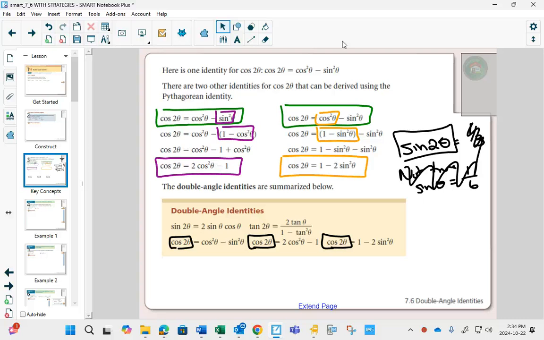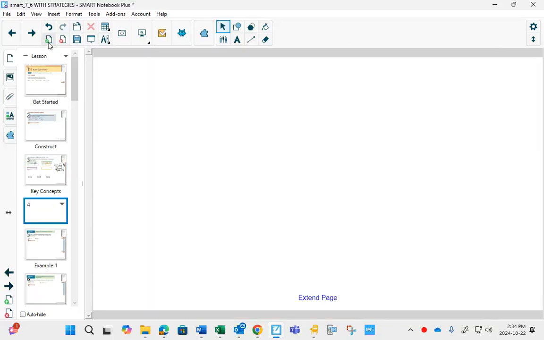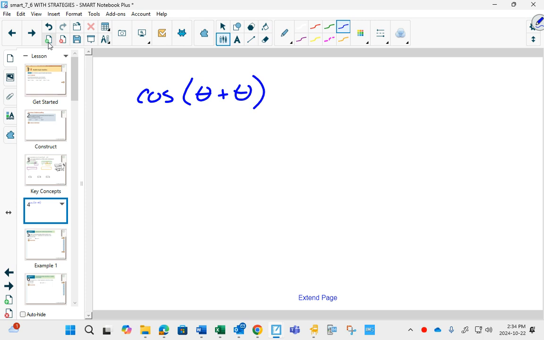Now technically, if you want to see where the cos 2 theta formula comes from, you can use your alpha plus beta formula. If you change 2 theta to theta plus theta, then you have a sum and difference formula, where the alpha is theta and the beta is theta.